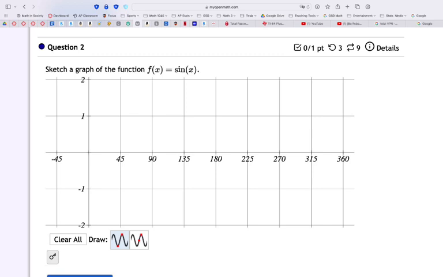So we need to choose. Okay, we're going to pick this particular feature.